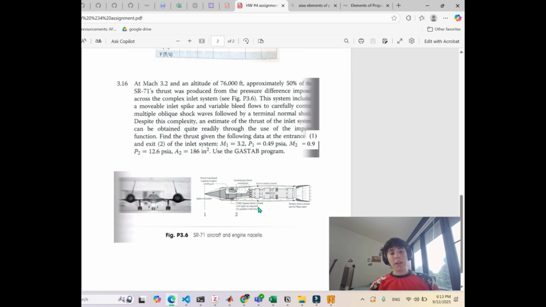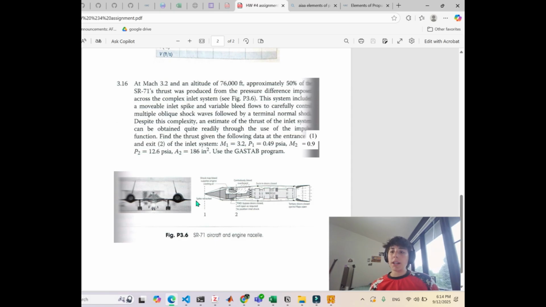So in this problem, yes, it is a jet, it is using air, but for this one specifically, GasTab is really useful because it gives these impulse function fractions of the impulse at that location over the impulse at the sonic condition, and it can be really easy to use the impulse to find thrust, because thrust is the impulse at the inlet minus the impulse at the exit.